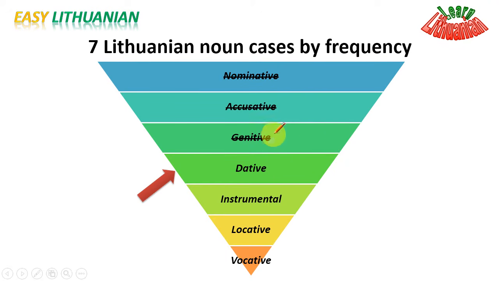It's good to at first learn accusative and genitive, since accusative is used in very simple sentence constructions, and genitive is used with negative verbs and certain other verbs. But after genitive, I could advise people to learn locative and vocative.